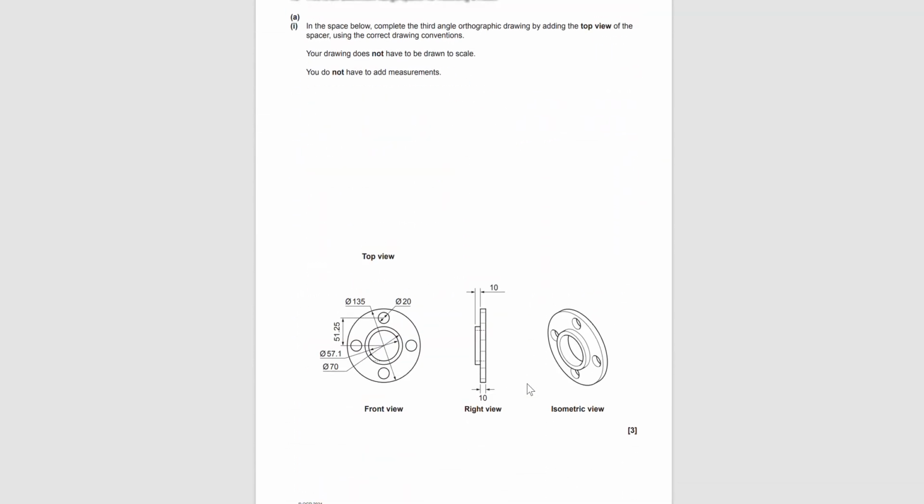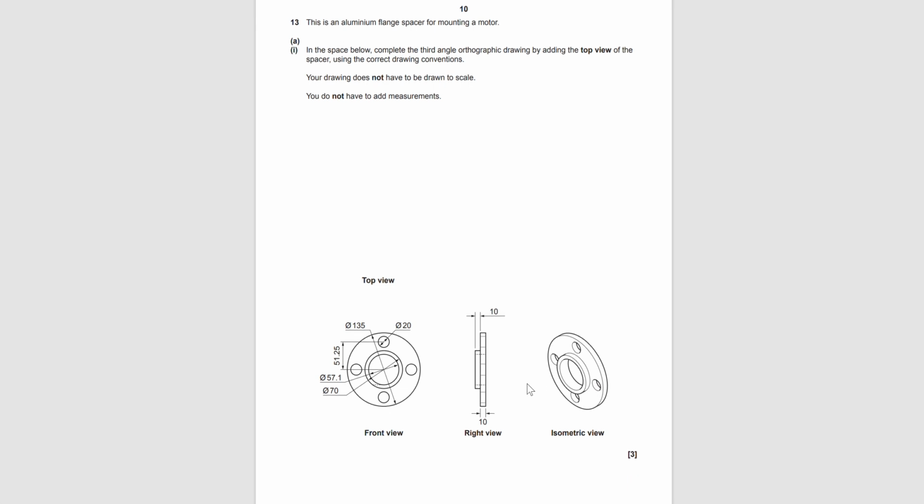And of course, we also have our drawing questions. These typically make up some quite big marks on our exam paper. So we can see here, for example, we are being asked to draw the top view of our spacer, and we would expect to see ultimately this going up to here, and it would look very similar to this.